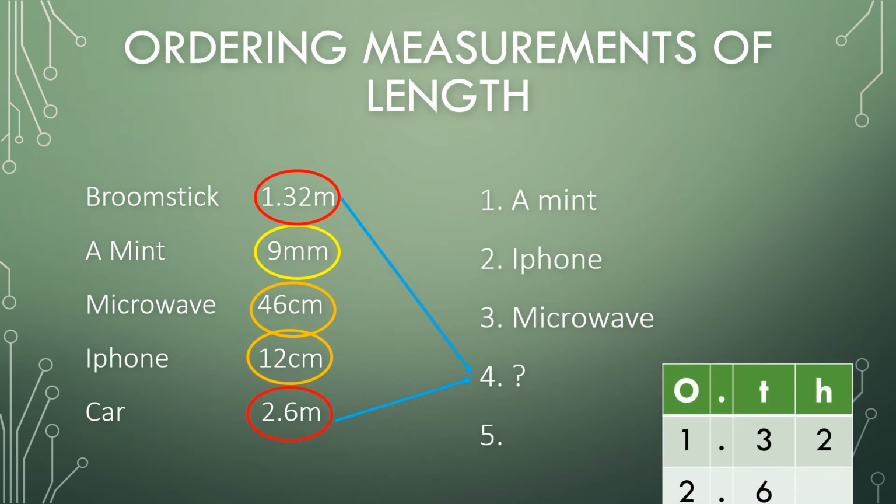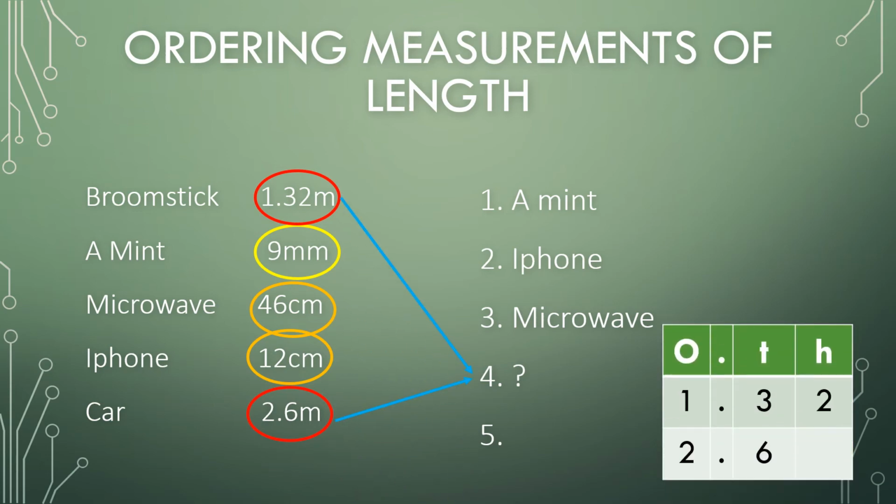So for this one, we have our ones column represented by a capital O, our decimal point place, and then our tenths and our hundredths column. Now I've put in my broomstick 1.32, so that number has 3/10 in it and 2/100 in it. And then our car, which is represented by our 2 in the ones column and our 6 in the tenths column.